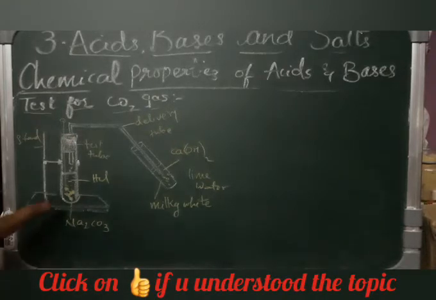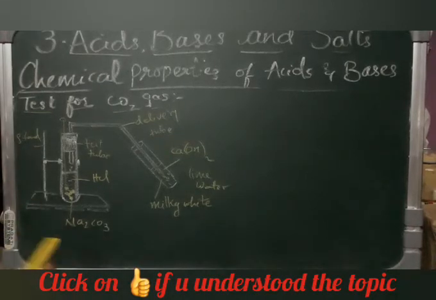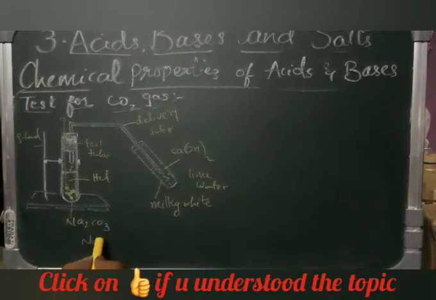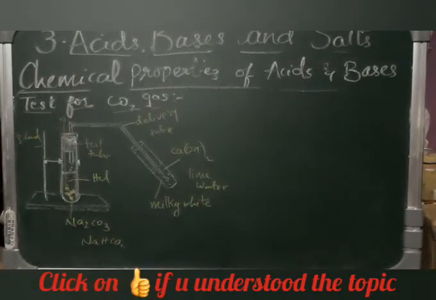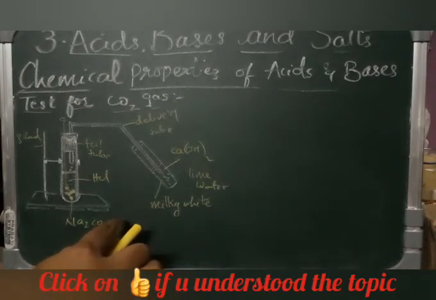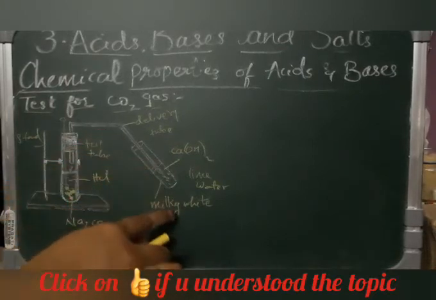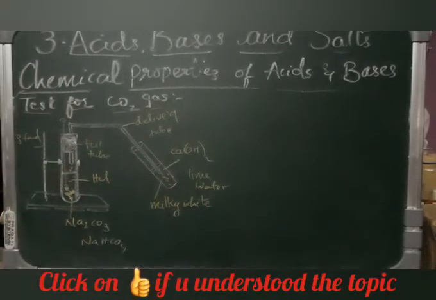In the same way, if you take H2SO4, that is sulfuric acid, or nitric acid similarly, and add sodium carbonate, or sodium bicarbonate also, you will see that the carbon dioxide released will change the lime water to milky.